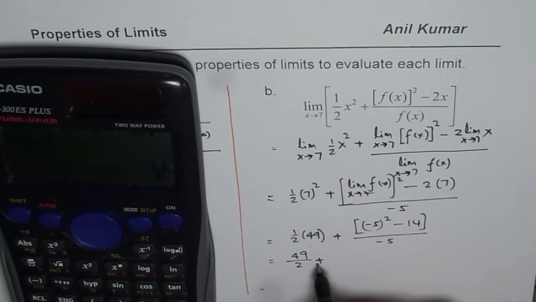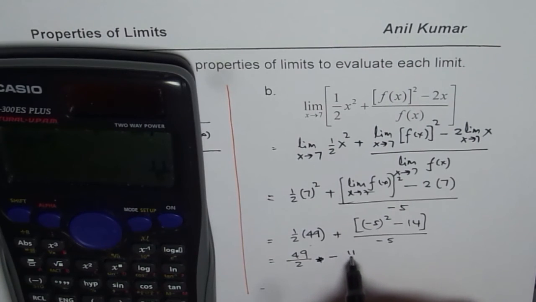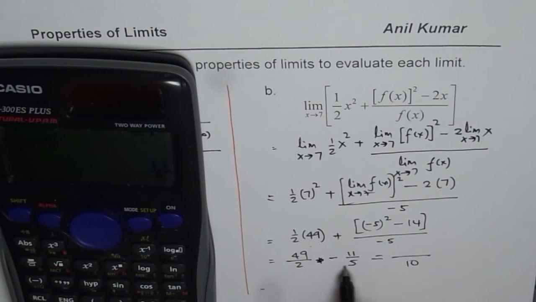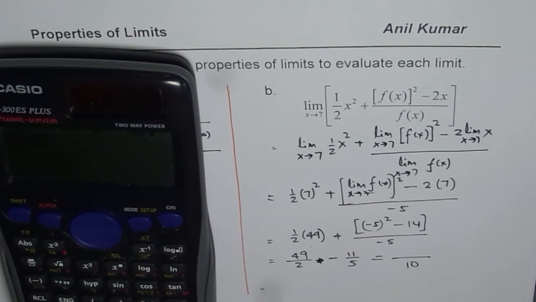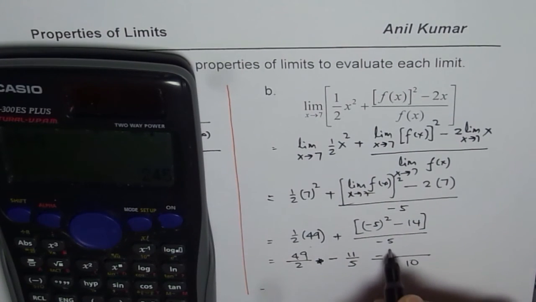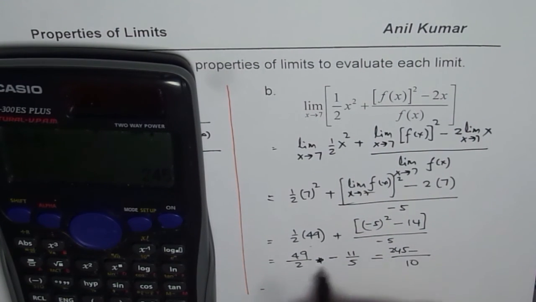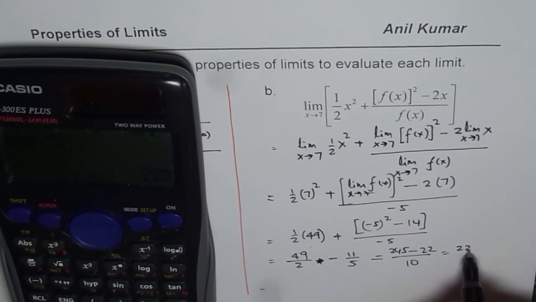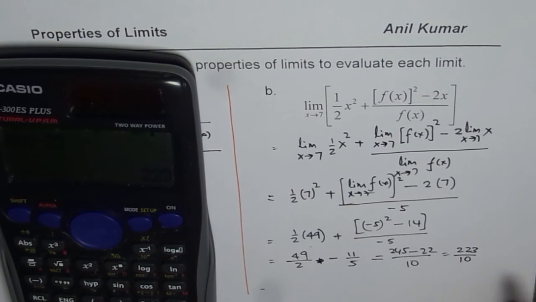So we could write this as minus 11 over 5. Correct? Now we can take common denominator, which is 10, and 49 times 5 is 245. 245 minus 22, right? So we get 223 over 10, right?